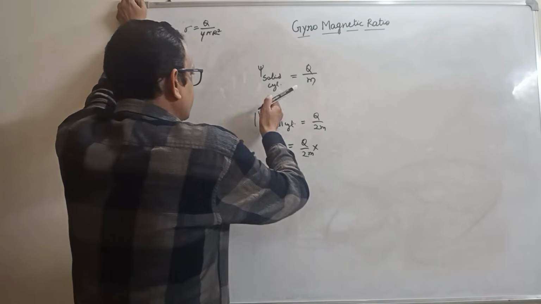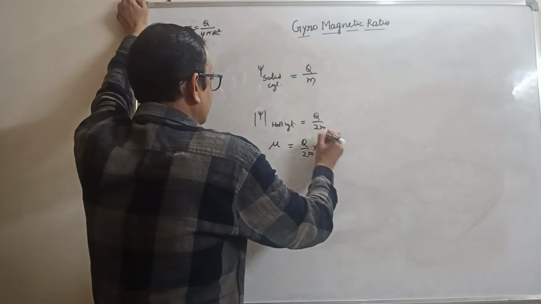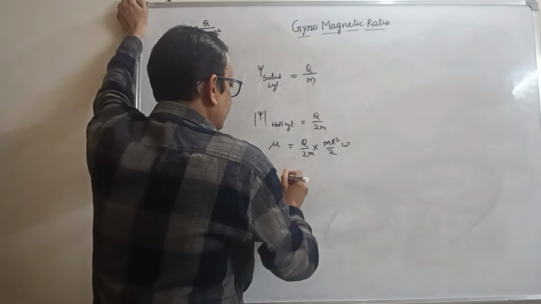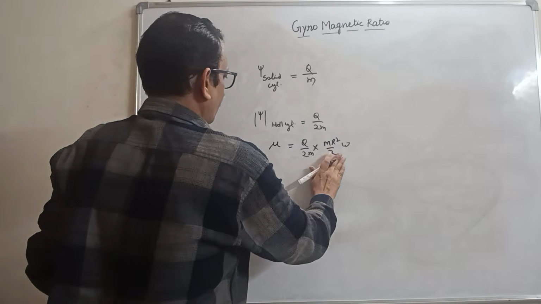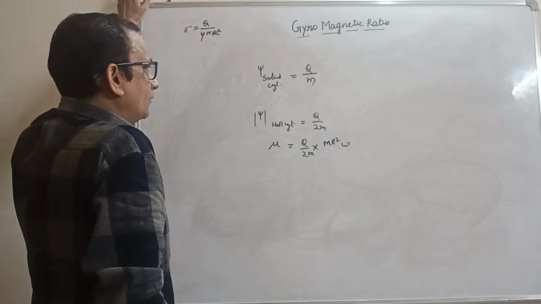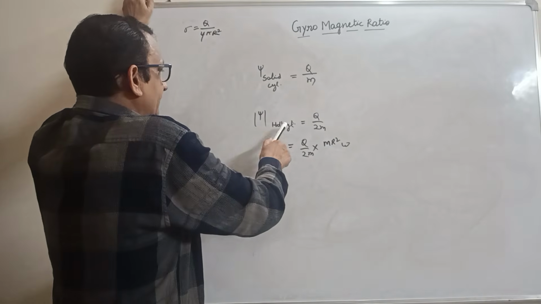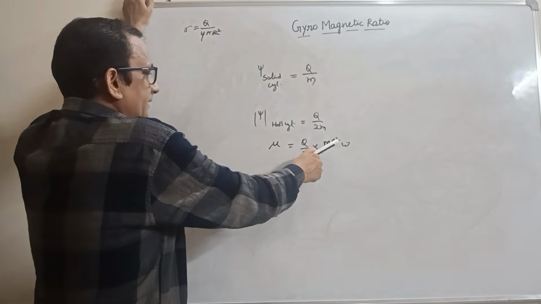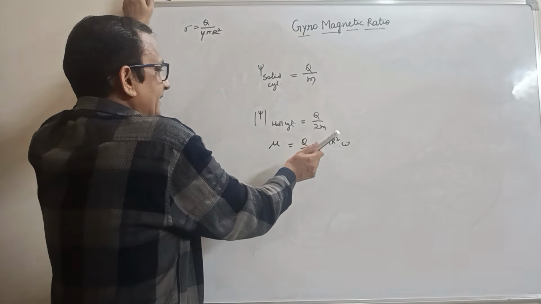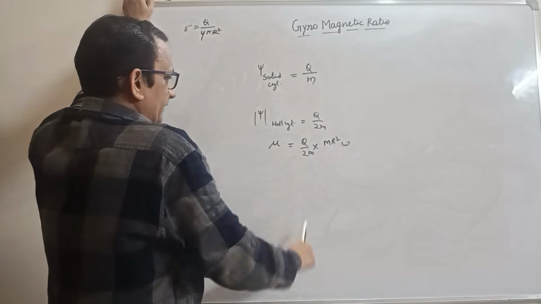Angular momentum of a solid cylinder is I omega. For a solid cylinder the moment of inertia is m r square by 2, and for a hollow cylinder it is m r square, like a ring.